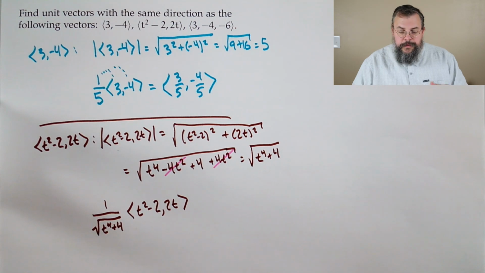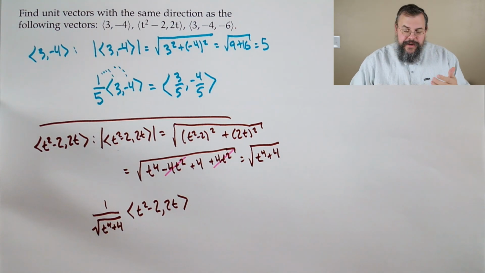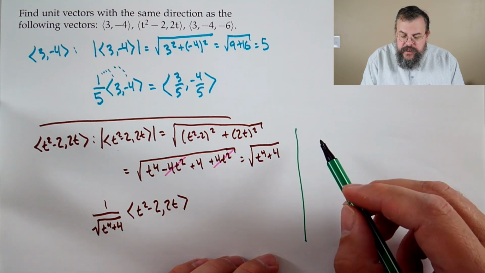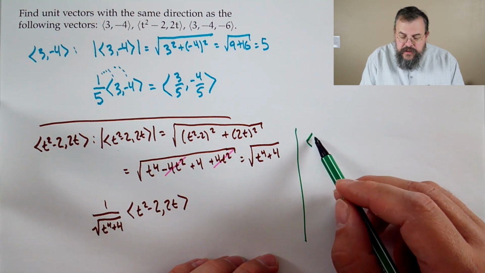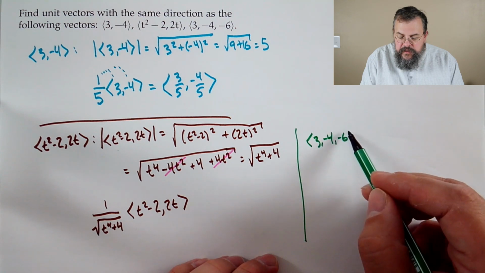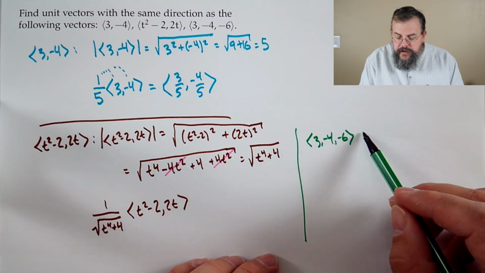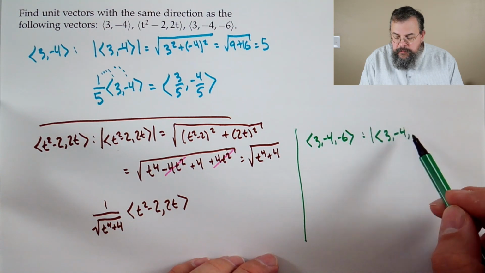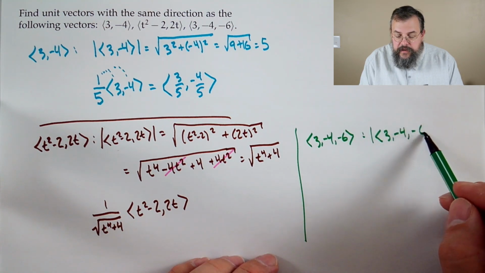So, well, one more to go. Because these are two-dimensional vectors. And of course, we can do similar things for three-dimensional vectors. Nothing really changes. So if we have 3, -4, -6, and we want to find unit vectors, we find the magnitude of the vector first, the magnitude of 3, -4, and -6.